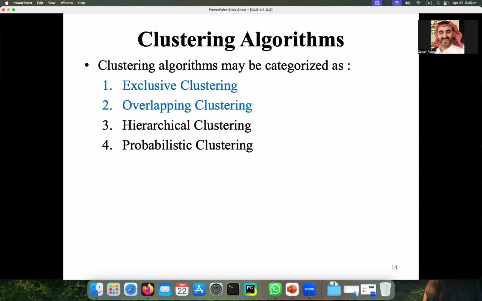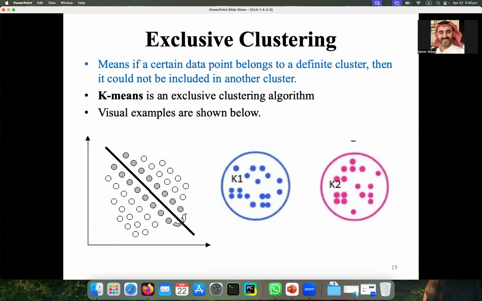Exclusive clustering, and fuzzy k-means was the category of overlapping clustering. Then we said that we will cover these top two in detail, but the rest of the two, we will not go into the details of. But we will get an introduction of these two clustering types, what these things are.